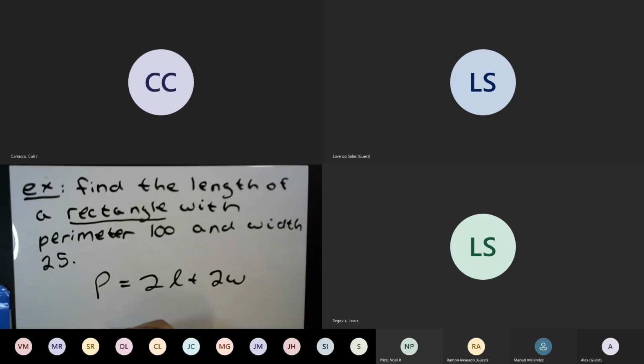So we're told the perimeter, that was 100. So P is 100. And then we were told the width, that was 25. So we can multiply these two.